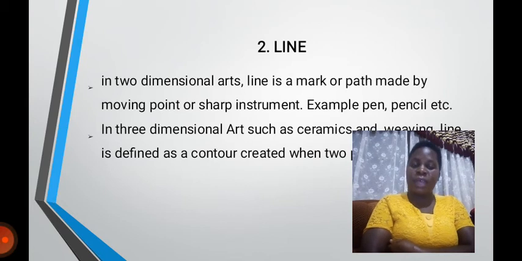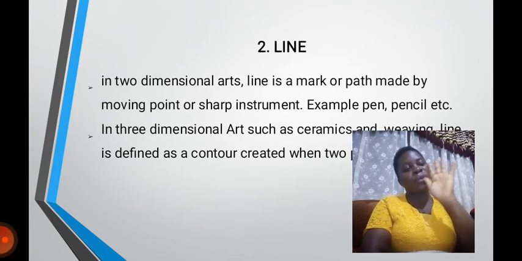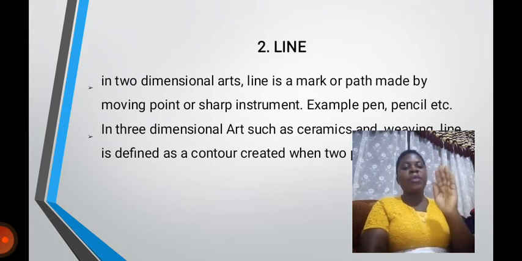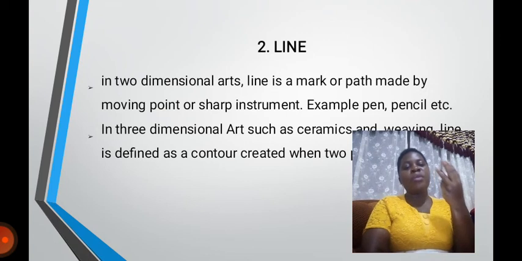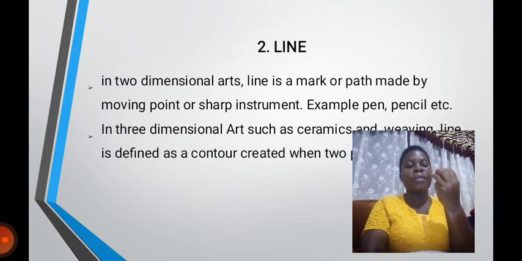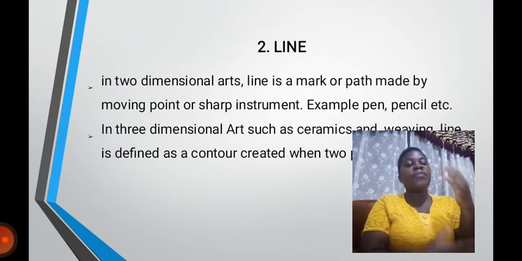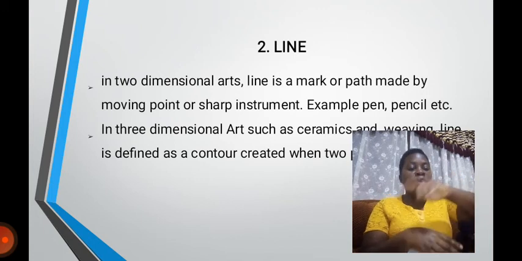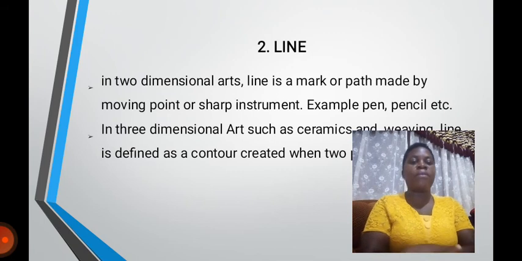So long as it is showing only one side, that is 2-dimensional artwork. What do we mean when we say 3-dimension? 3-dimension is an artwork which is showing all sides. It is a freestanding artwork, or it is showing the wallness, the roundness of it.